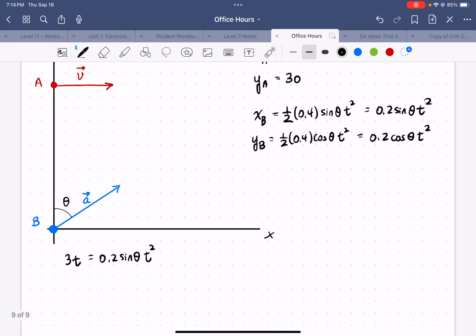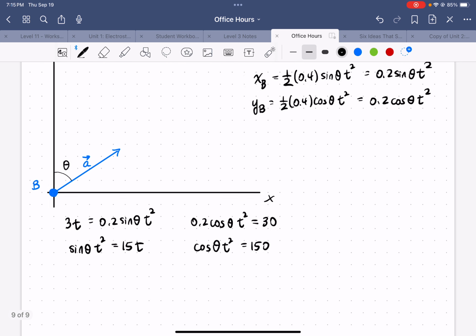And then for the y positions, we'll get 0.2 cosine theta t squared is equal to 30, or cosine theta t squared equals 150.